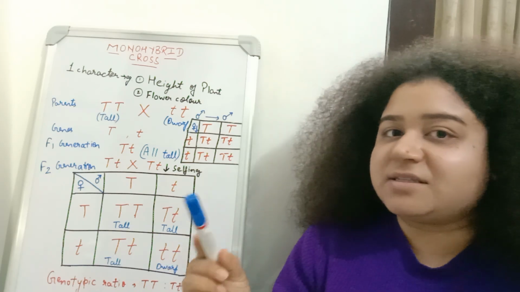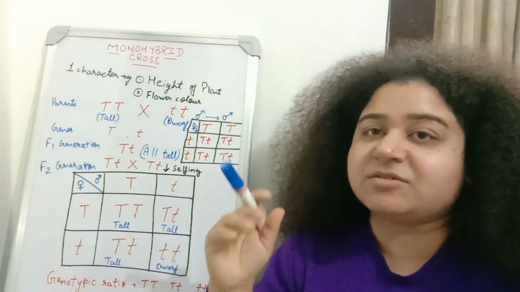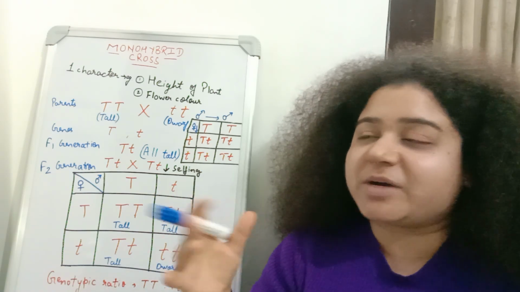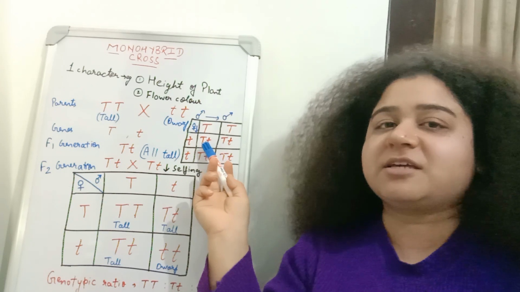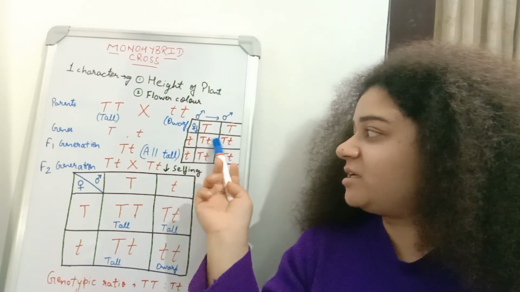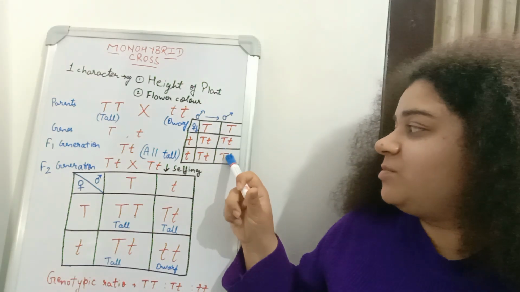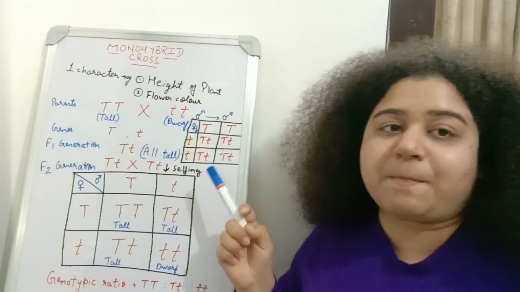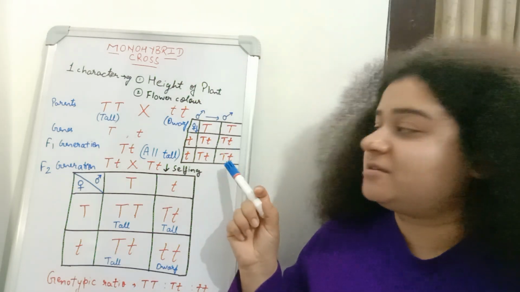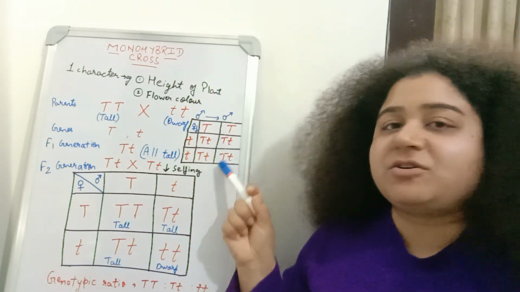Recessive means this character is hidden, or recessed, or dominated by the dominant allele, that is capital T. So in this Punnett square, all the plants are tall. This is called heterozygous dominant tall plants.